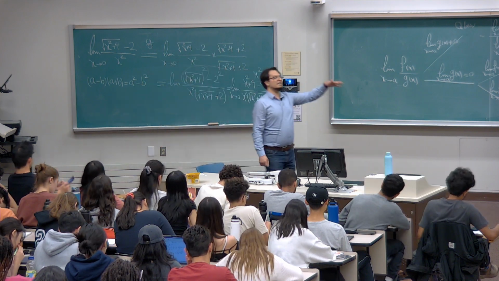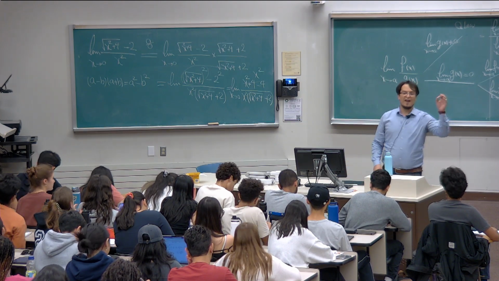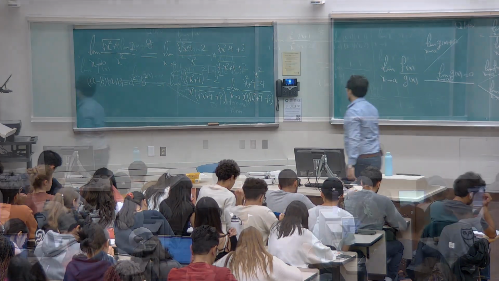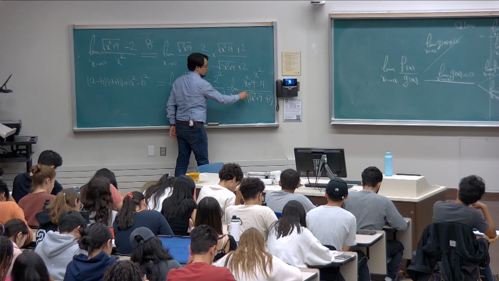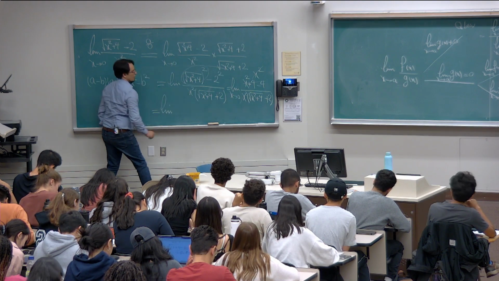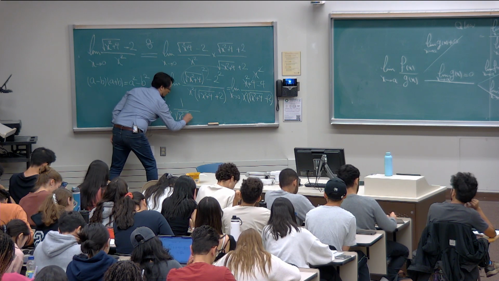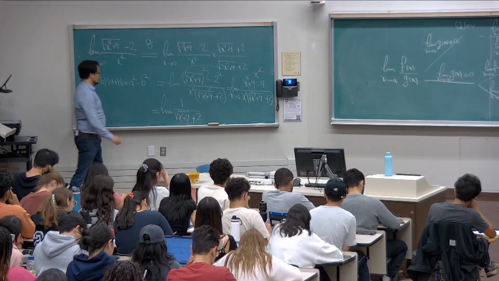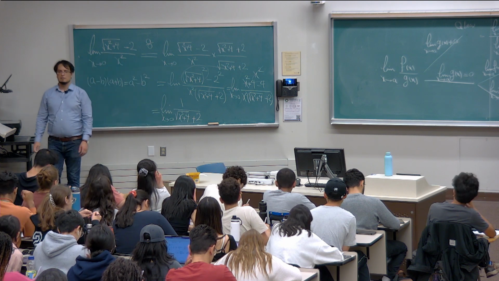Remember, all these things we did to be able to factor out the vanishing factor. Now, the numerator is x squared, the denominator has x squared, so we can cancel these two, and I get the limit of 1 over the square root of x squared plus 4, plus 2, as x approaches 0.